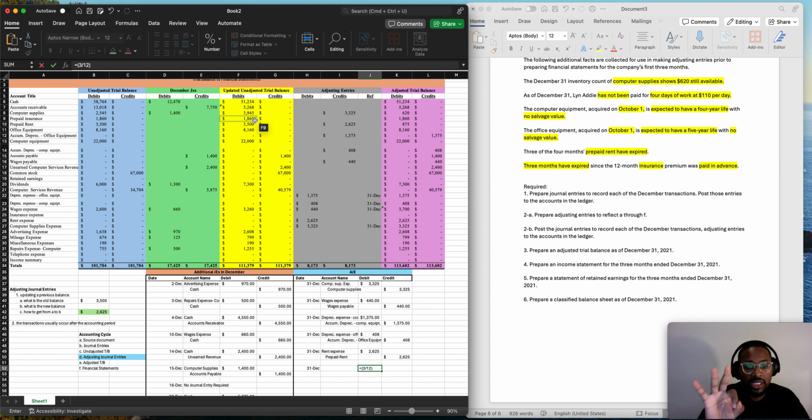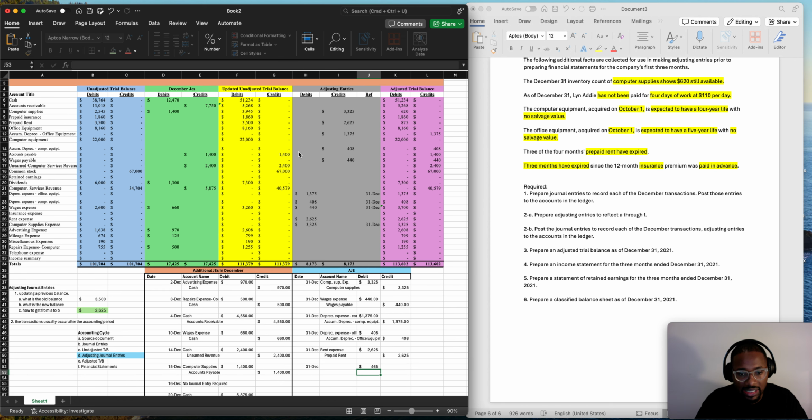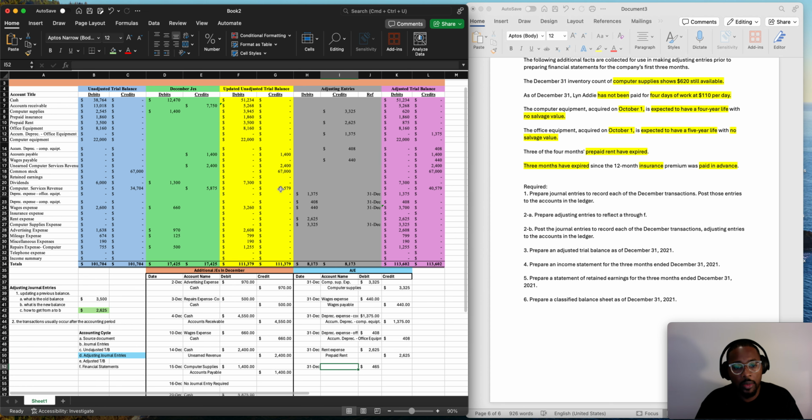We're saying 3 months of that needs to be taken out of that. So we're going to multiply 3 over 12 to get that percentage by 1860. So that means $465 needs to be taken out of prepaid insurance and put into insurance expense because it's no longer prepaid, it's an actual expense now.